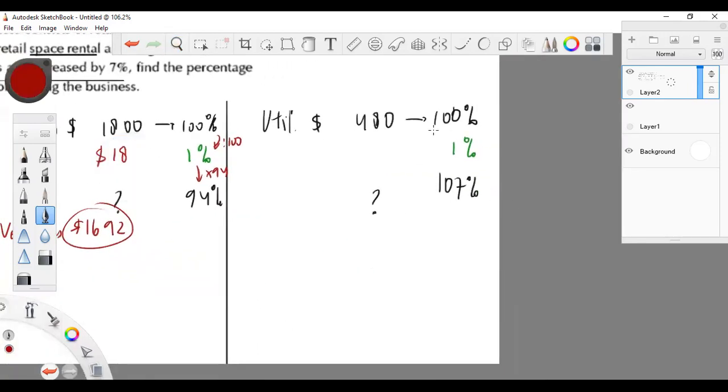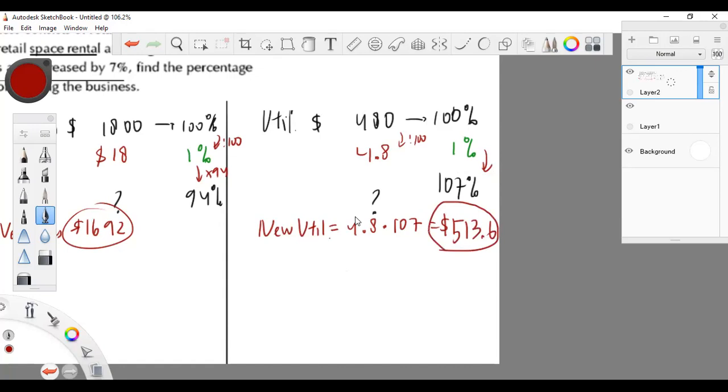Oh, it's increasing, but again you have to divide by 100 as well. 4.8, and then the new utility price will be 4.8 times 107, because you multiply by 107. From 1 to 107, you multiply. So you get the answer as 513.6.